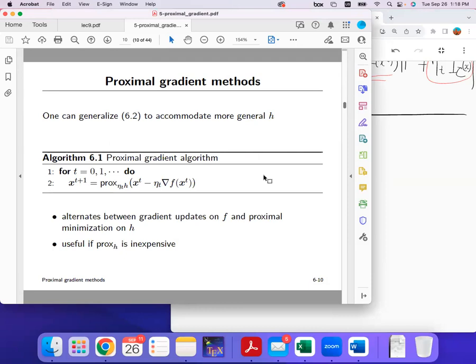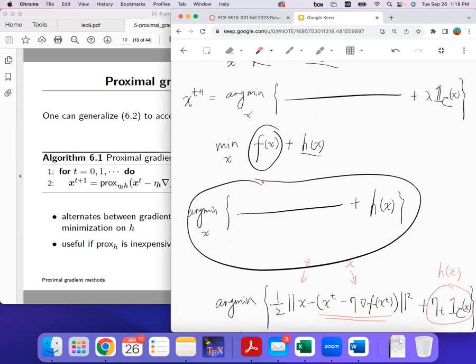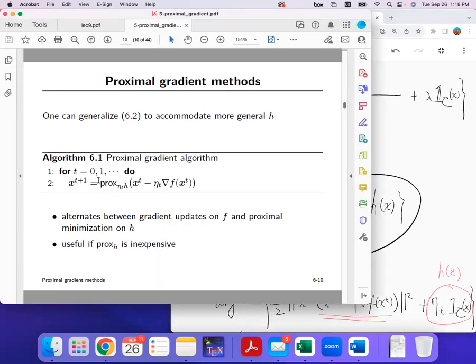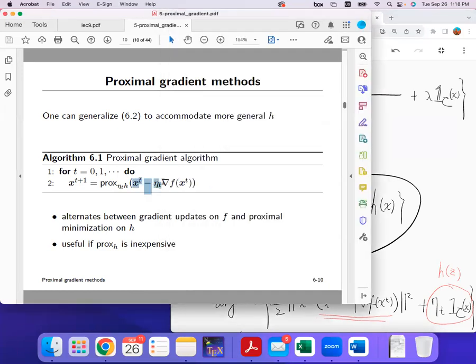And then the algorithm for solving that composite optimization problem is simply proximal gradient descent. So let's go to the problem. This is the composite optimization problem. We first do a gradient descent. This is the same part. For the nice differentiable part, we do a gradient descent.